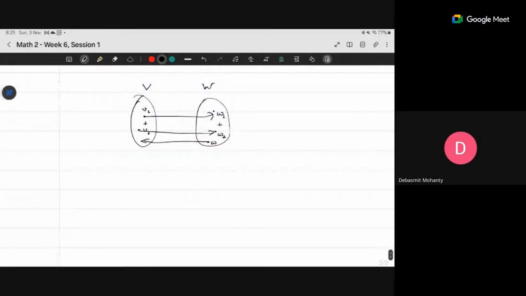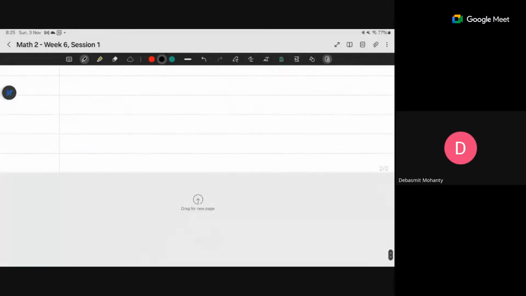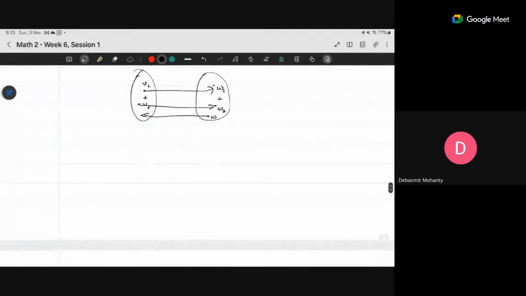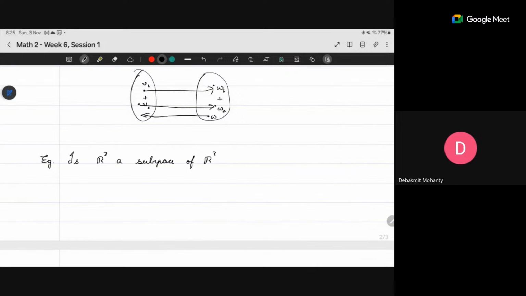So I don't know how many of you have seen the discourse post by Mr. Bhaskaran. So he had asked, is R2 a subspace of R3? So what is the guess? What is the answer? Yes.